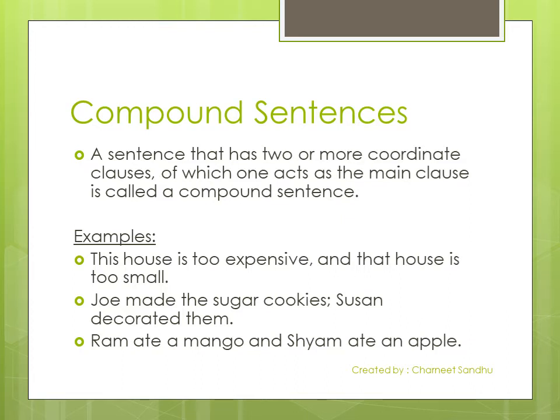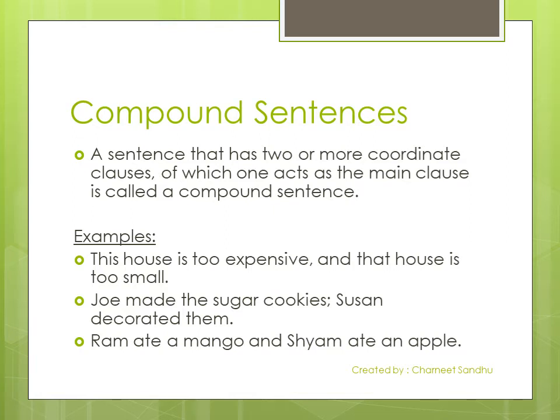This sentence has two independent clauses. This house is too expensive is one clause. That house is too small is another clause. These two clauses are joined with a conjunction and thus this is a compound sentence.